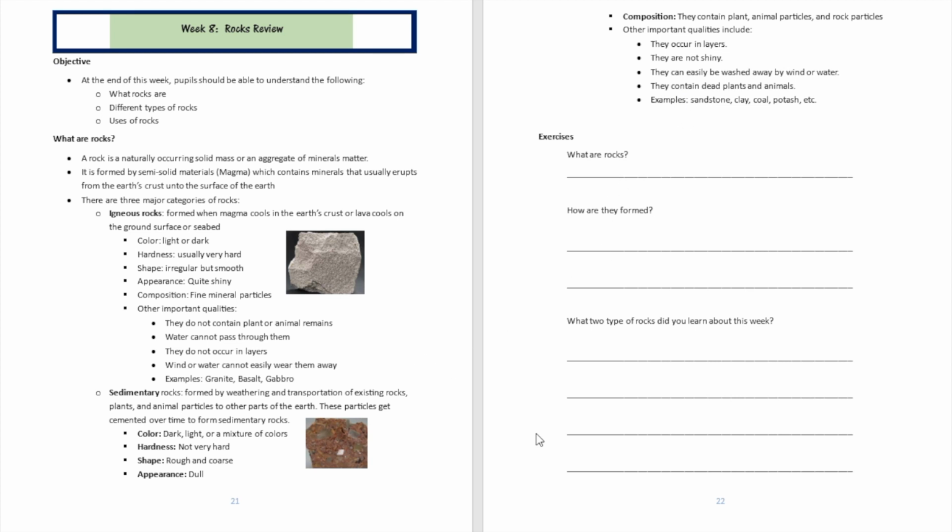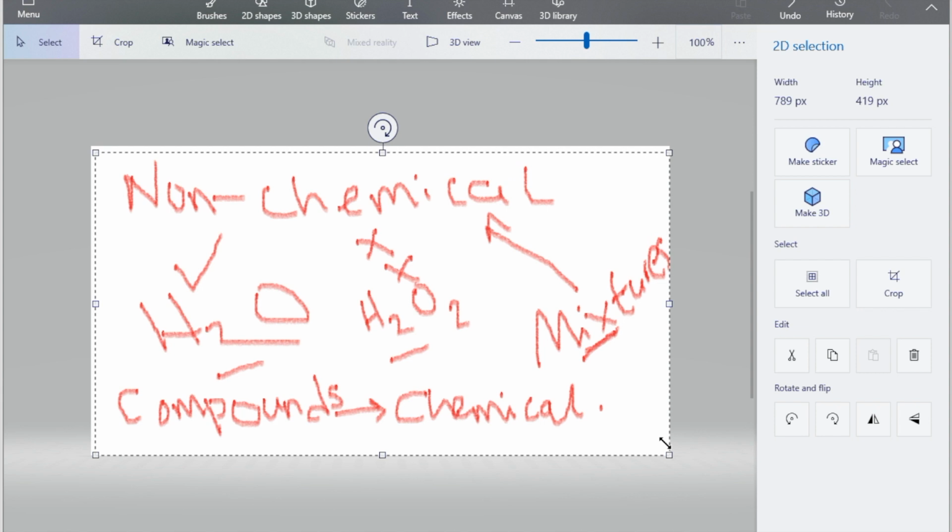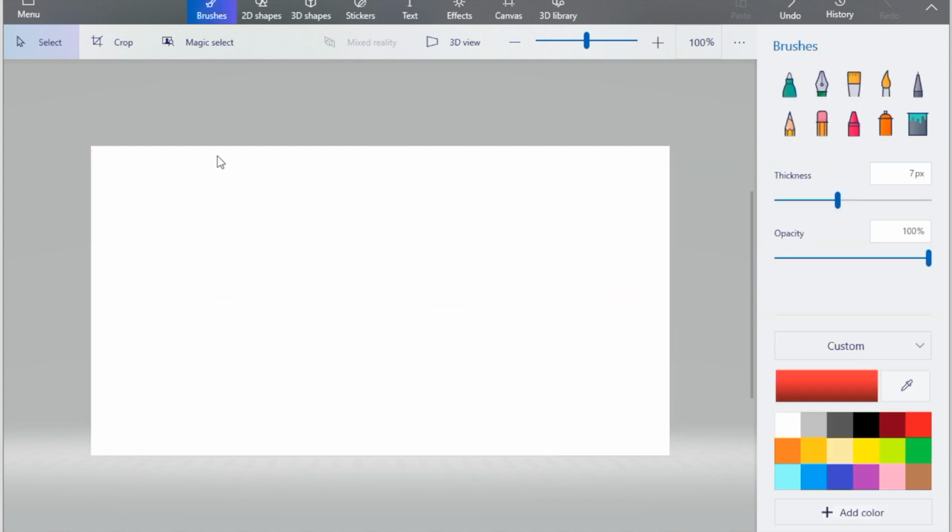Alright, so let's try to document some of these points and see if we can remember some of them. What are the 2 major types of rocks that we talked about today? Can somebody remember for me? They are going to be igneous rocks.